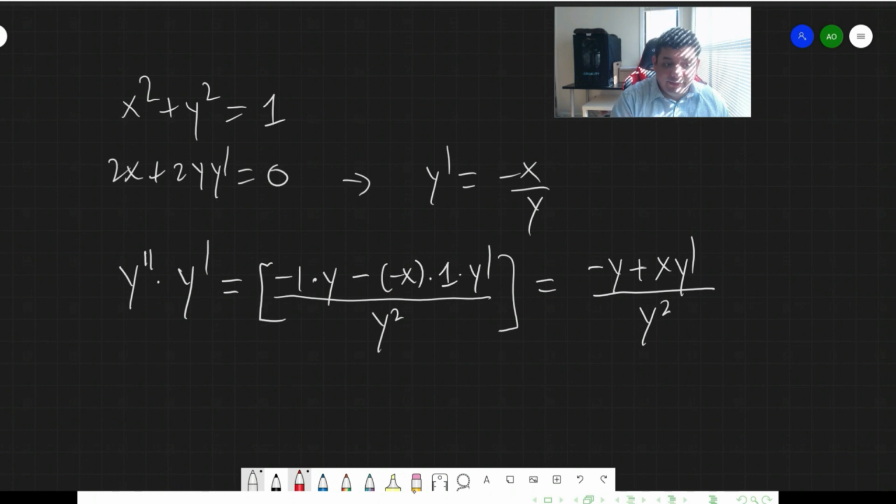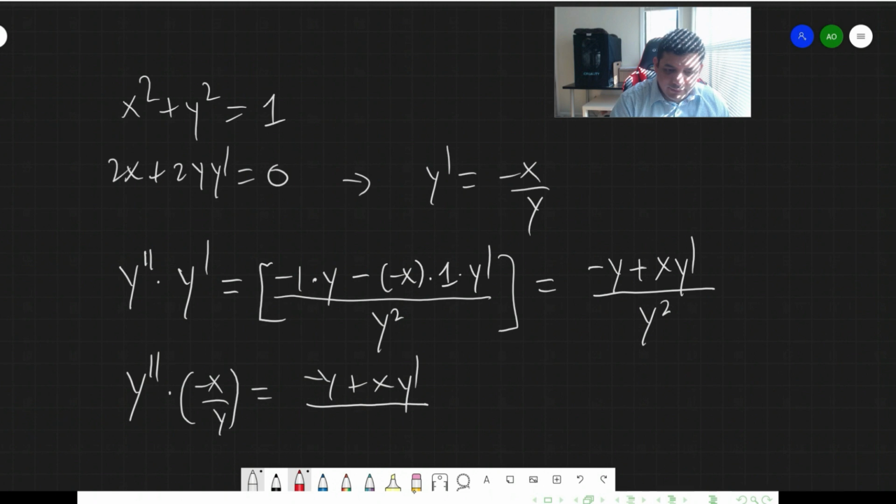But remember that this y prime is minus x over y, so I can just replace that, and I can just replace y prime here as well. So instead of y prime, I'm going to be writing minus x over y.